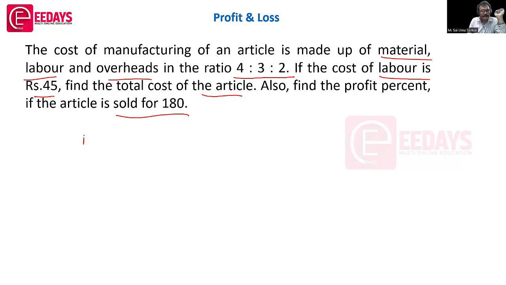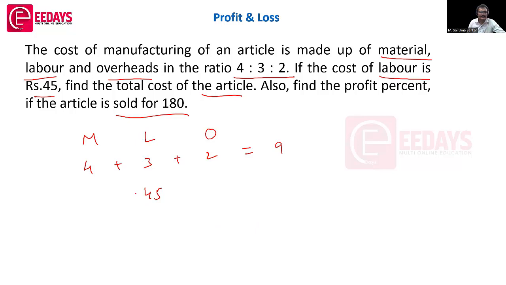Here, material, labor, and overheads are in the ratio 4:3:2. What is the labor? That is equal to 45. Suppose material cost is 4 rupees, labor cost is 3 rupees, overheads cost is 2 rupees. What is the total? That is 9 rupees.